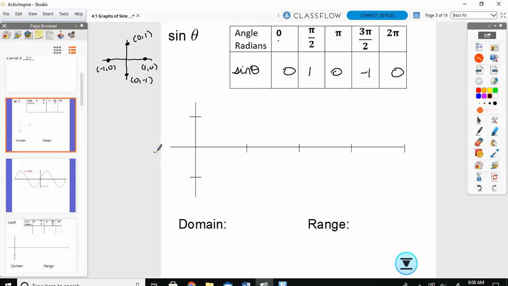All right, let's start filling this out. So this is my xy axis. My high point is 1. My low is -1. So my points on the x, we had our 0, pi over 2, pi, 3 pi over 2, and 2 pi.